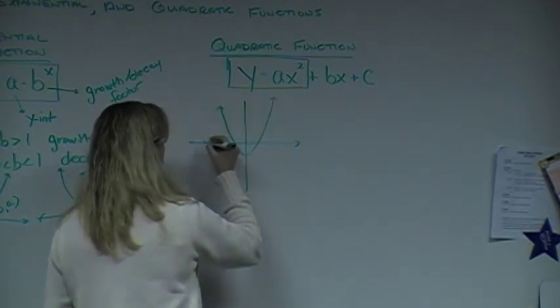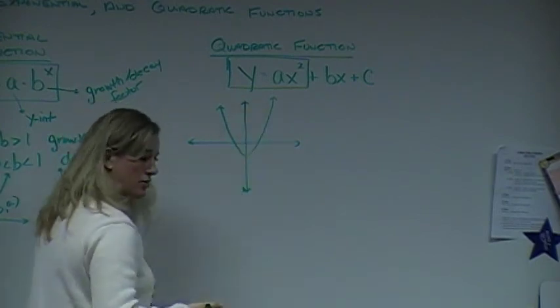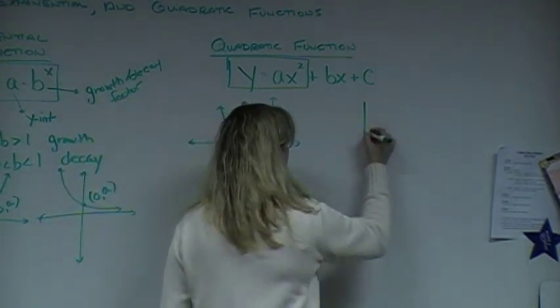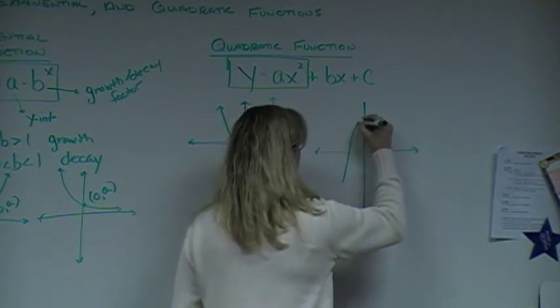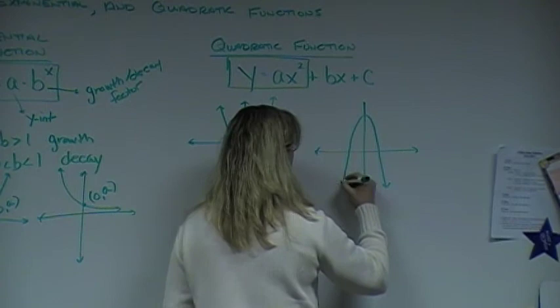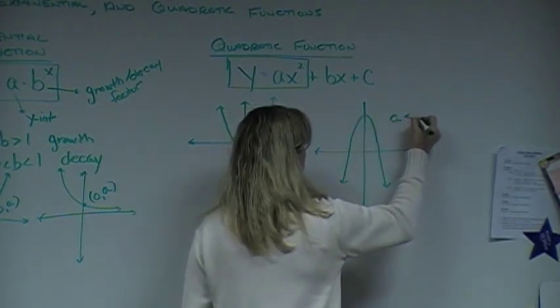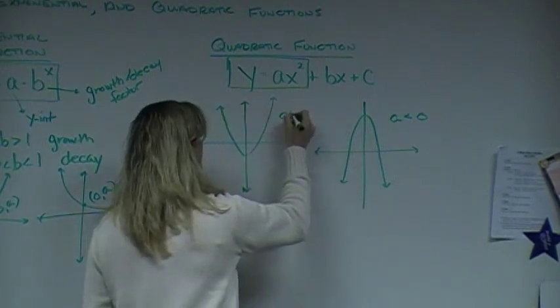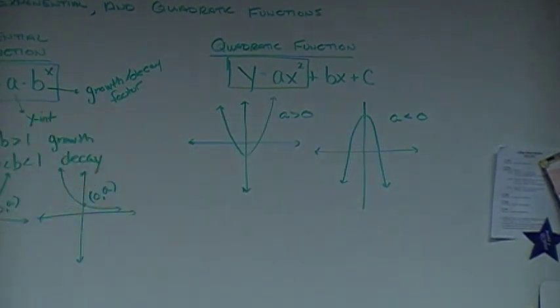We understand that every graph of a quadratic is a what? A parabola, right? If a is negative, then our parabola would look something like this, wouldn't it? So this is if a is less than 0, and if a is greater than 0, it's going to look like that. Okay? So we understand what everything is.